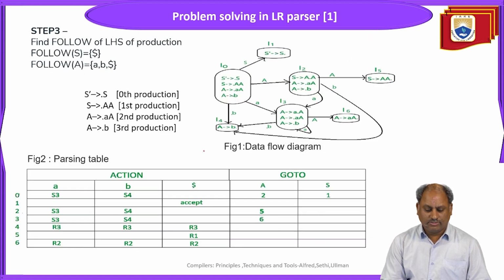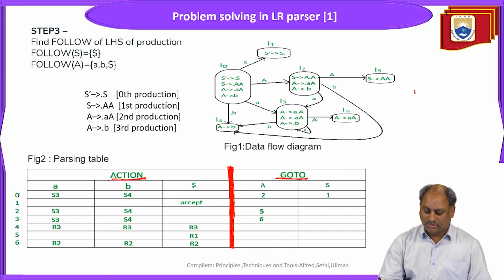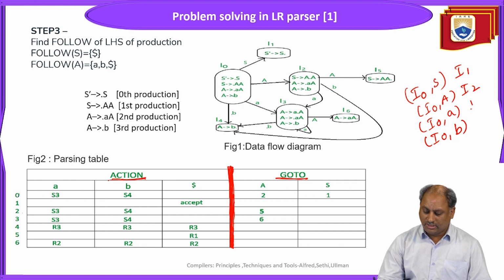In order to implement the parse table, first we have to write two parts: one is the action part and the second one is the goto part. In the table we consider I0 with the columns S, A, small a, small b. These rows are I0, I1, I2, I3, and I4.